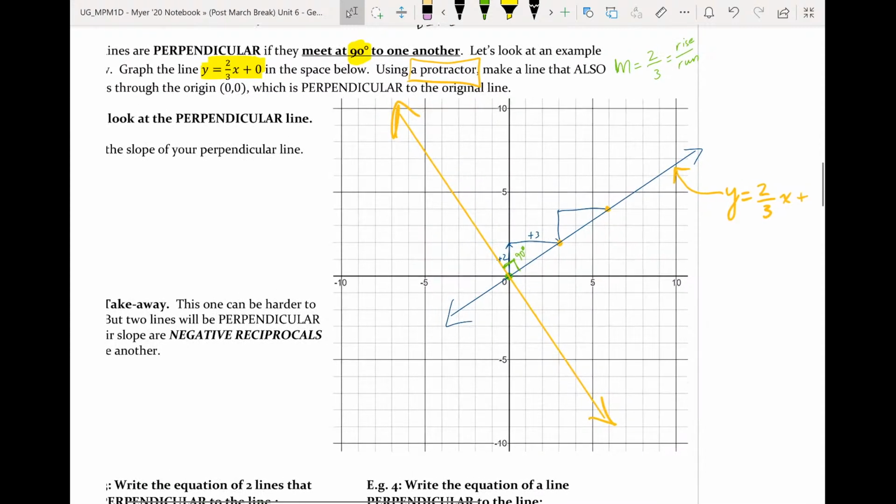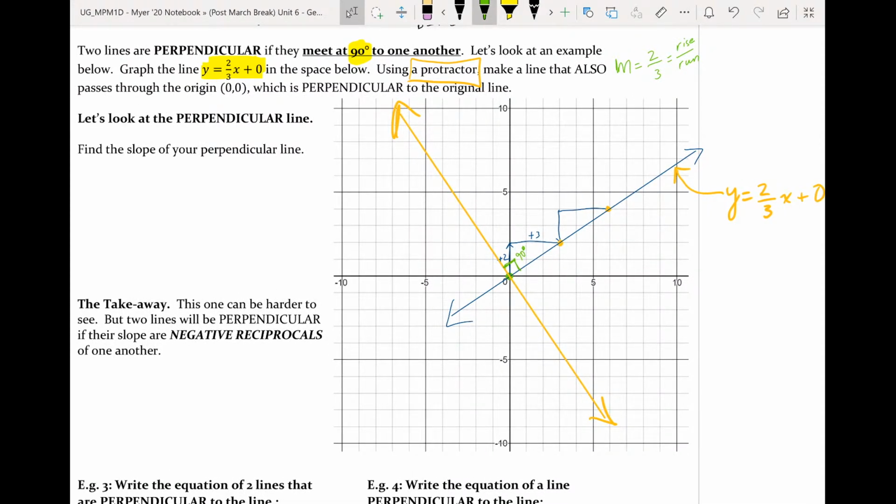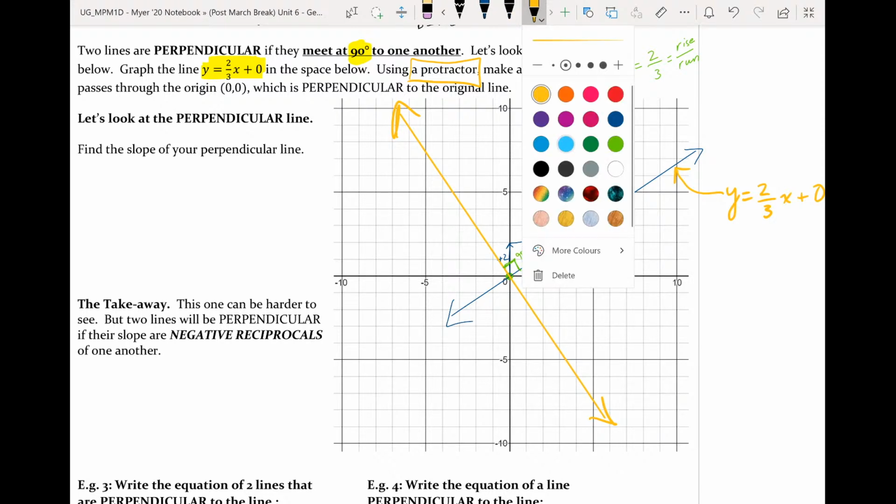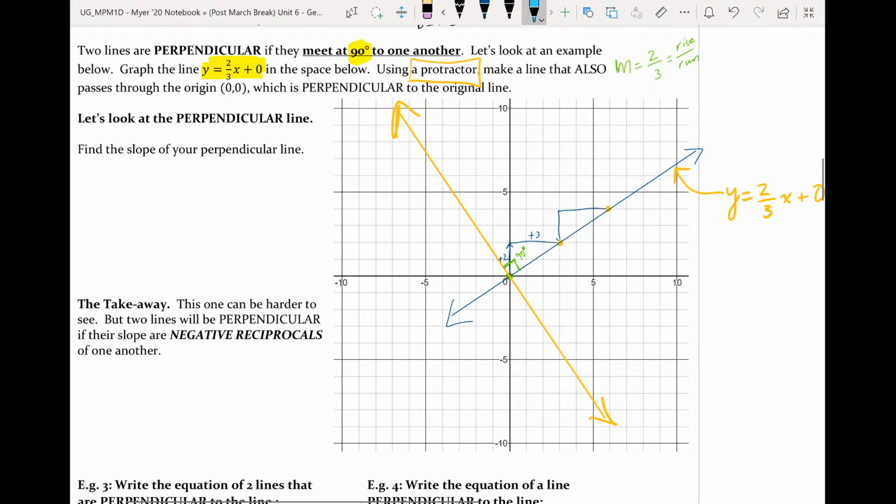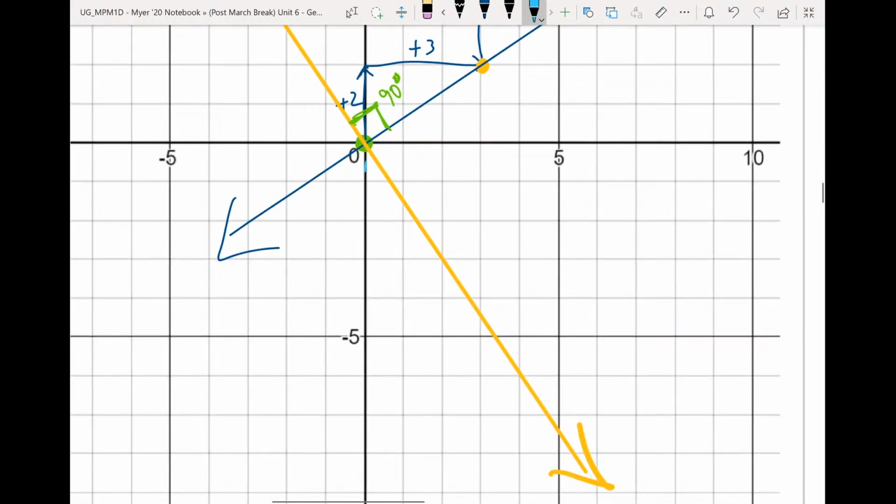So let's calculate the slope of the perpendicular line. We do the same thing. We have the y-intercept. I just left it in the exact same spot. And we will go down. So it goes down 3 and goes over 2. And if you really wanted, you could try it again just to see if it verifies. And it does. That was pretty accurate.